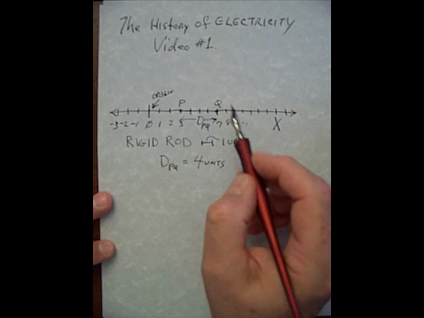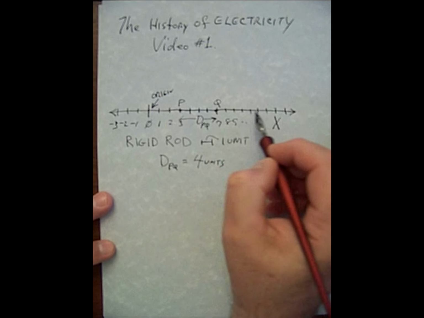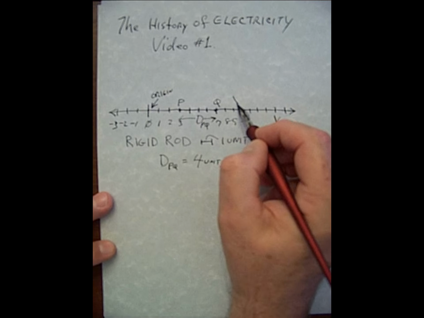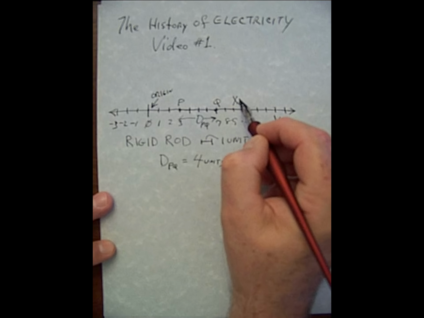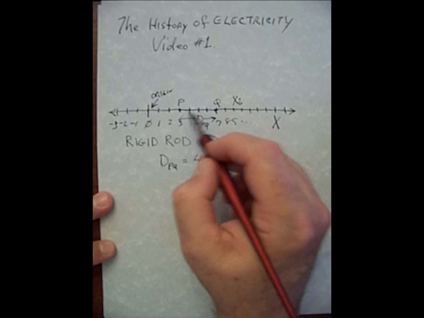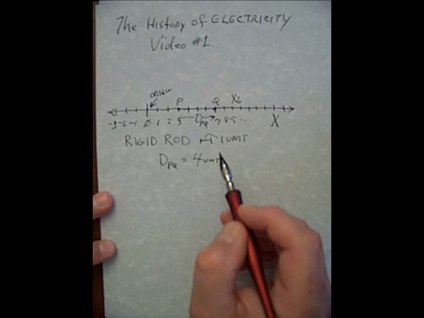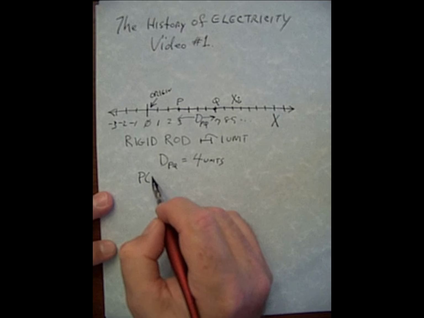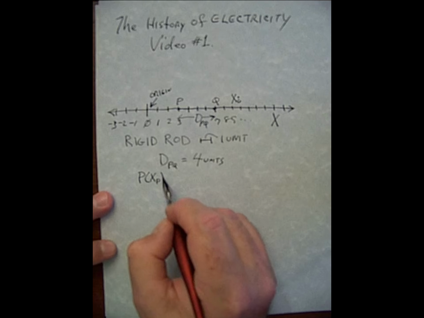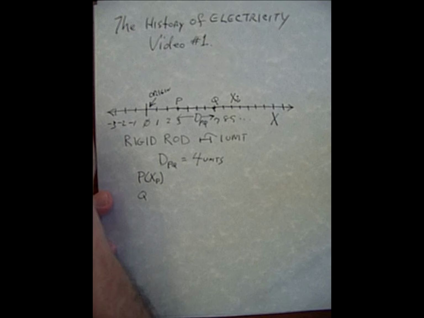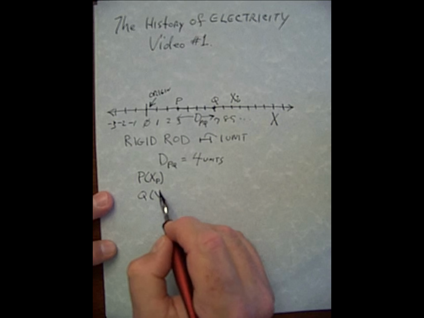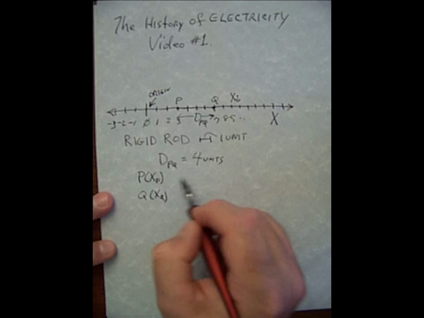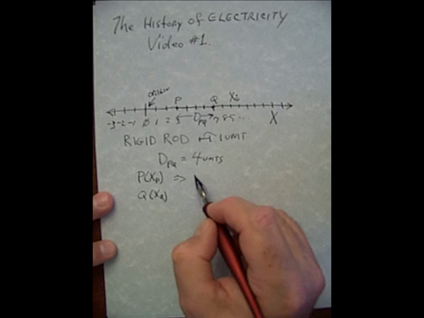And in general, for any value along the x-axis, we can call its coordinates x of I, where I happens to be whatever we decide to name our point. So P has coordinates x of P, and Q has coordinates x of Q. We could also write that.